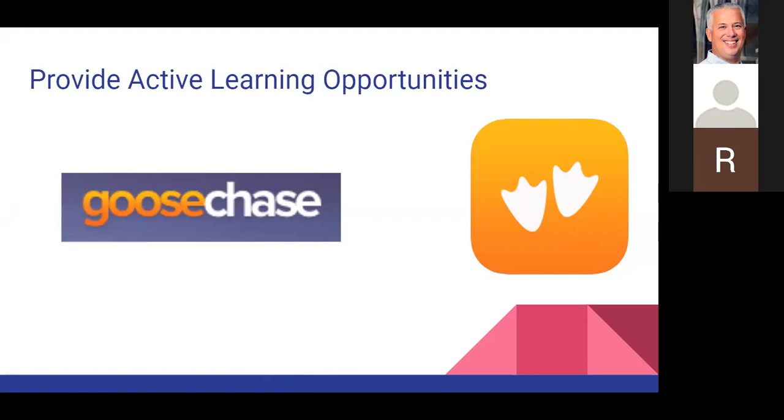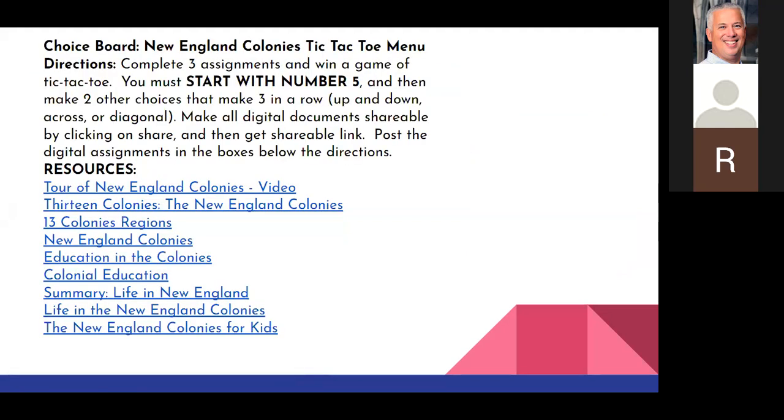So another one, and I know you guys have worked on these in your classrooms forever, is choice boards. It's the tic-tac-toe boards that you put different things in each of the boxes, and they can pick and choose, but they have to make a tic-tac-toe out of it. I always start with the center of the tic-tac-toe board.